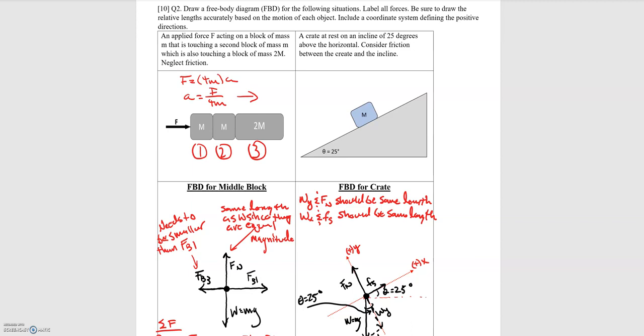These are problems that we dealt with. So you should be able to draw free body diagrams for them and draw the lengths of the force vectors relatively well, meaning that the lengths are consistent in a relative manner with what is happening with the acceleration.